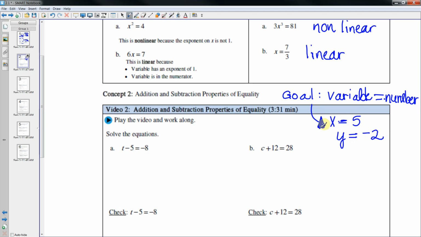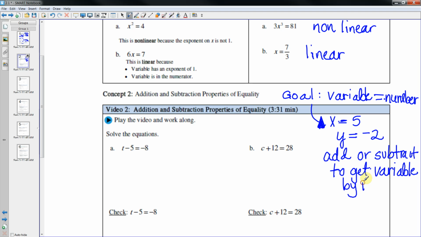And in order to get that goal, we have to think about how do we make the side that's with the variable just have that variable. So we think about, on these first ones, we are going to add or subtract to get the variable by itself.